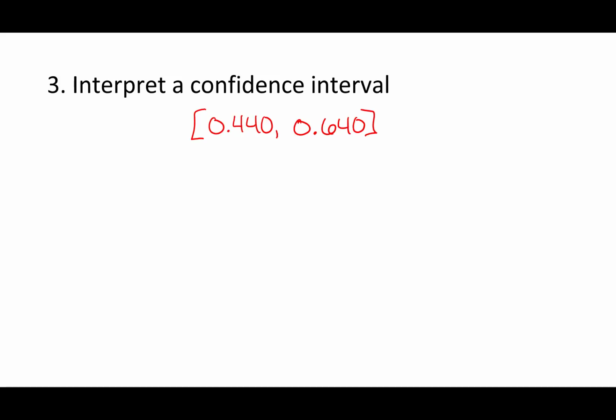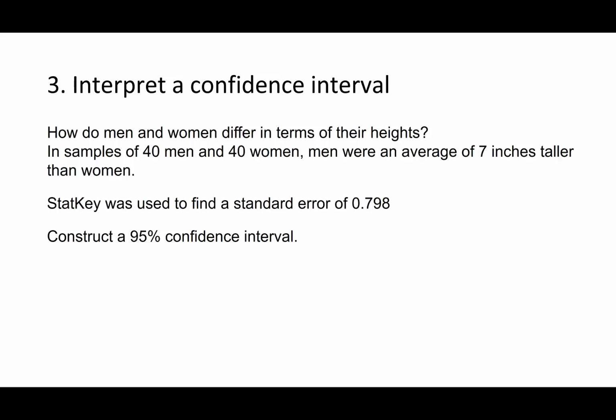Let's walk through another example of constructing a confidence interval and interpreting it. How do men and women differ in terms of their heights? Height is a quantitative variable, and we're comparing two groups, men and women. So we'll be constructing a confidence interval to estimate the difference in these two population means. The mean of men minus the mean of women.